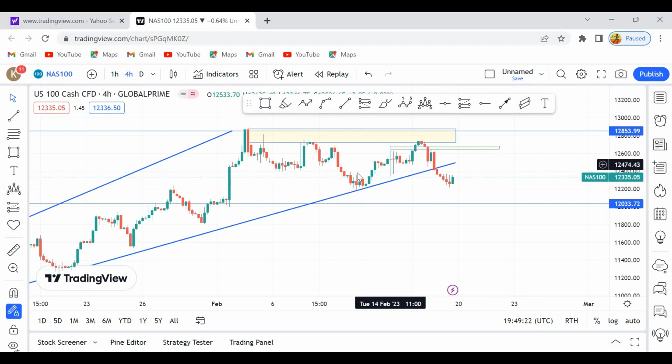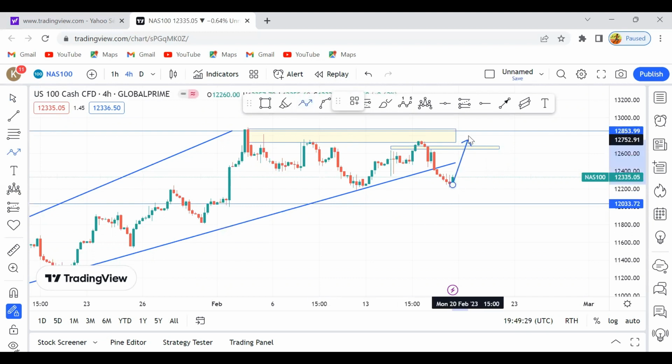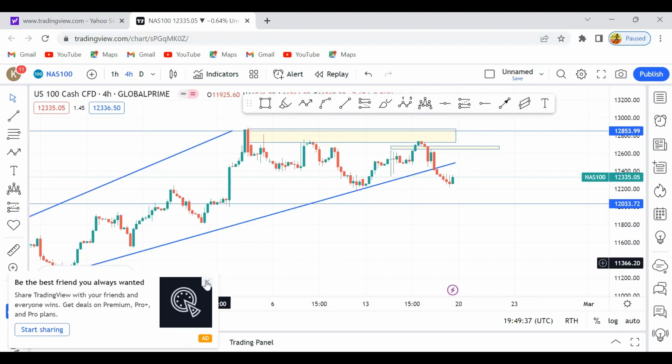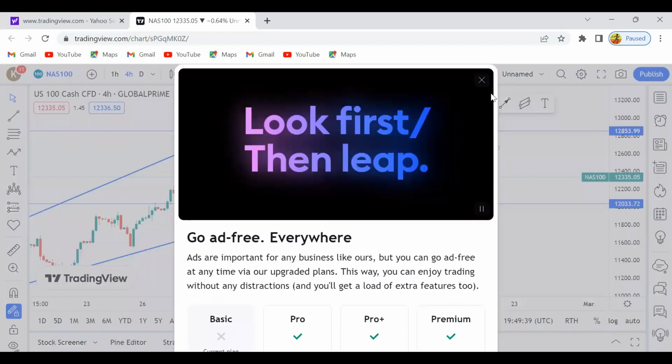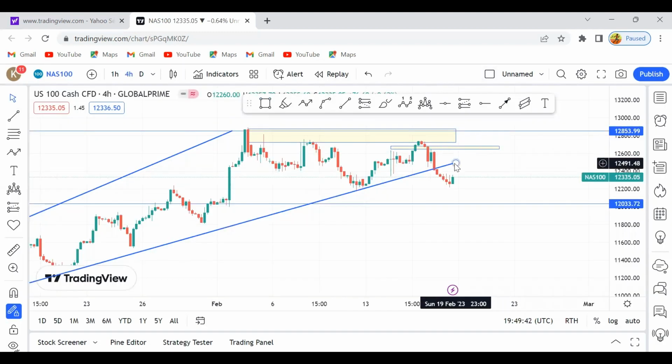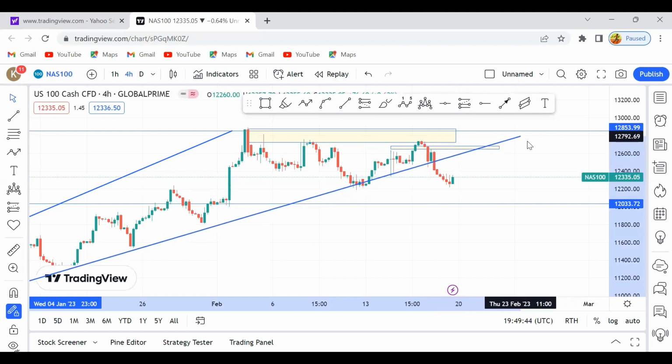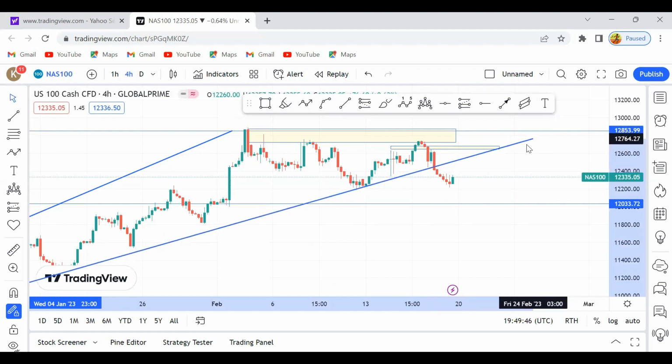Since you know that NAS100 respects zones so much, this is what I would actually expect NAS100 to do. Since NAS100 respects zones so much, it will try by all means to respect this zone.